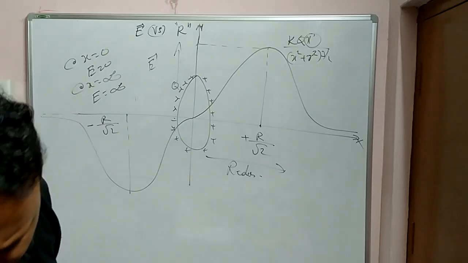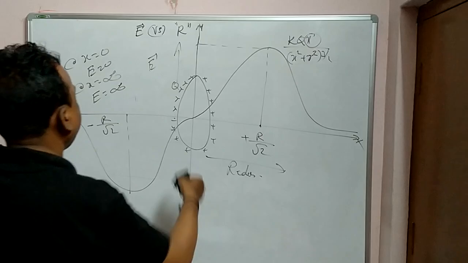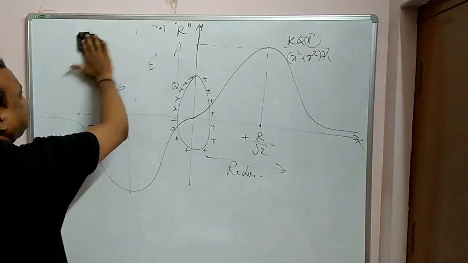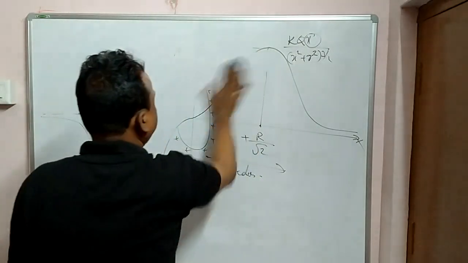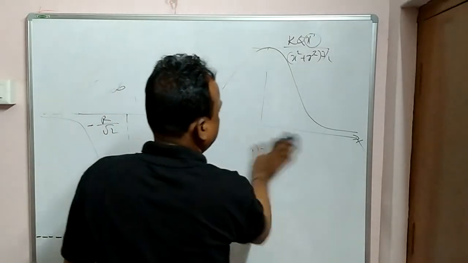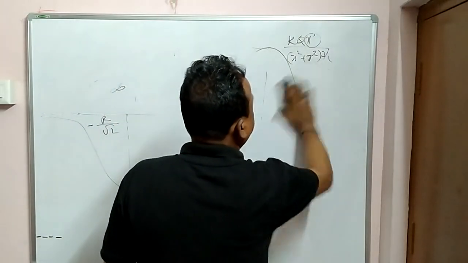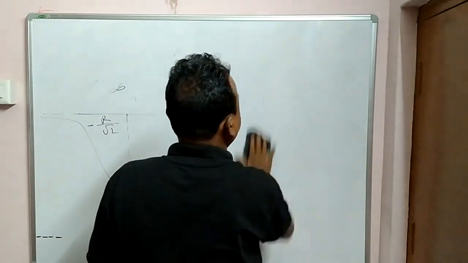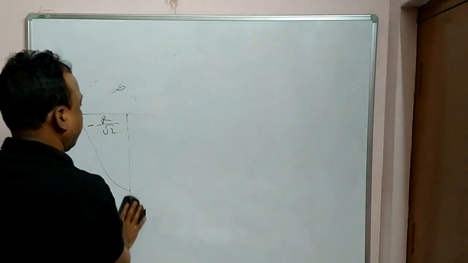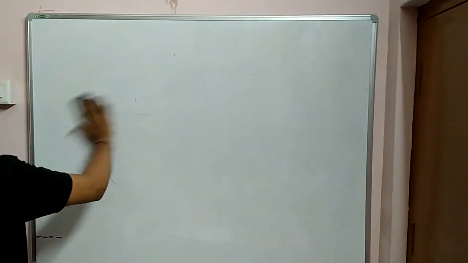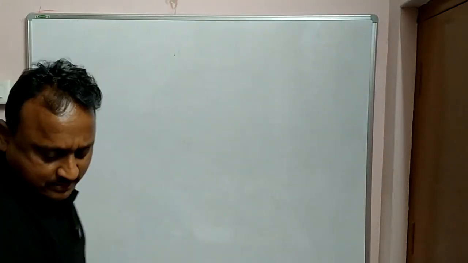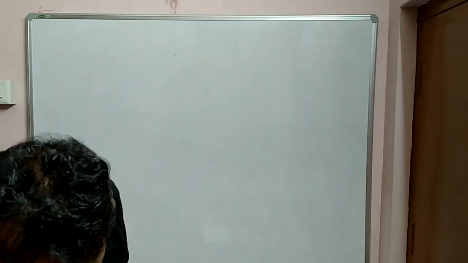In the examination they may ask for a uniformly charged ring, what is the graph and the value of radius r. Please write clearly and carefully and score marks for NEET and MSET. Clear? This is how you have to explain.